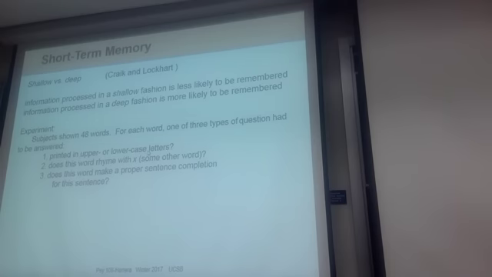If you're just saying whether a word is upper or lowercase, you don't have to process the meaning of that word at all. Whereas if you're saying if it fits in a sentence, you're really processing that meaning. 2 is somewhere in the middle. You're not really processing the meaning, but you're getting a little bit more processing of the word and what it sounds like. And so these are three different conditions that subjects were in.